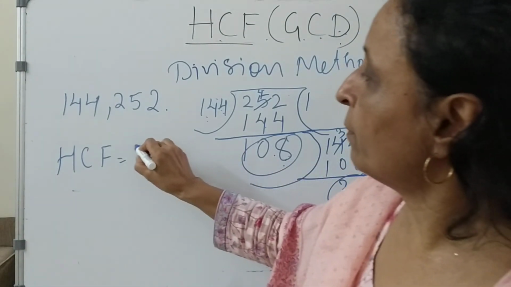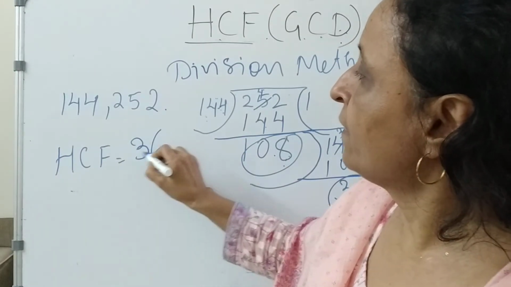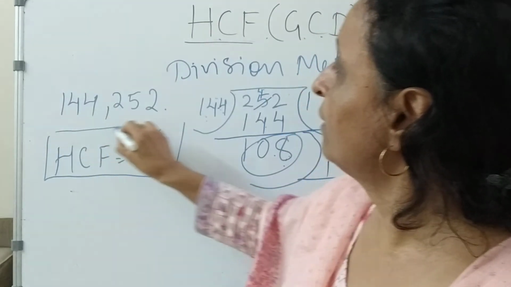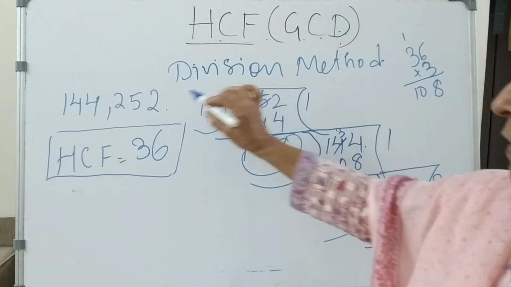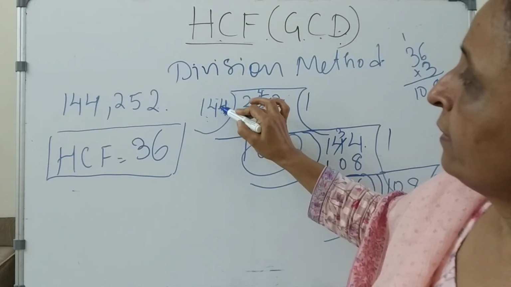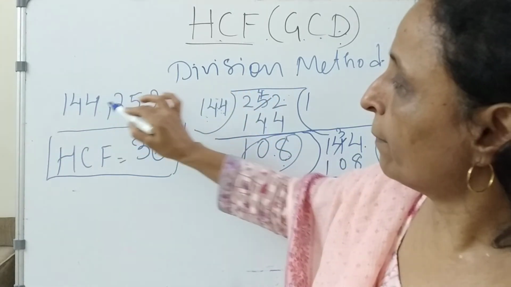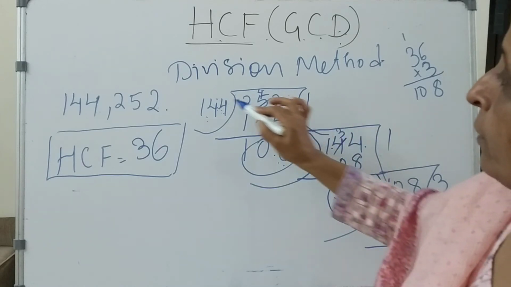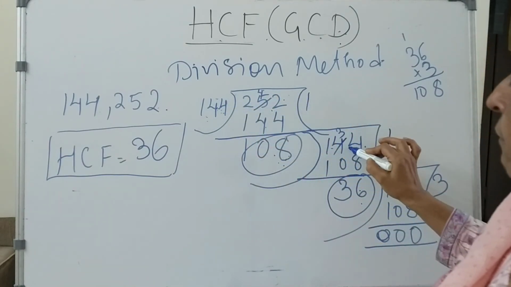The last number which you get is the HCF. I hope you have understood this method. Here you have to take the bigger number as dividend and divide by the smaller number as divisor. You get the remainder, you divide the divisor.